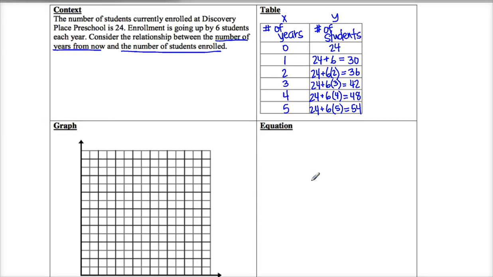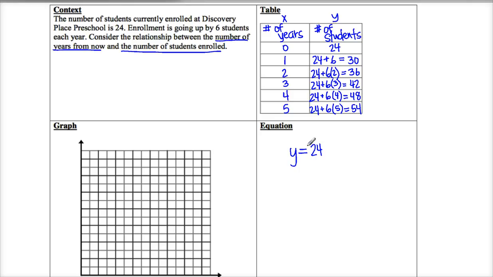Let's do the equation. Remember, the equation stems from the pattern that I was following to find my y column. So we start with y, which represents the total number of students at the preschool, and the total number of students is equal to the 24 we started with.